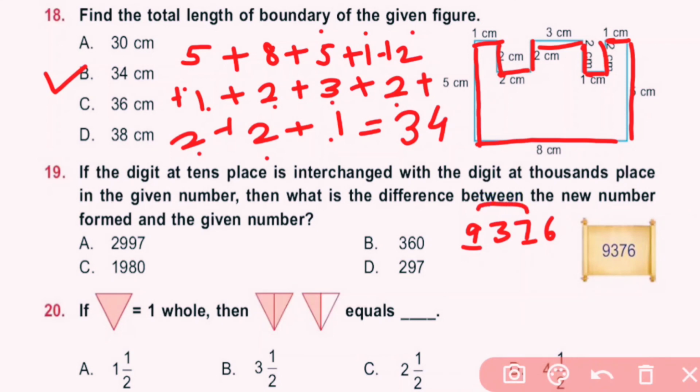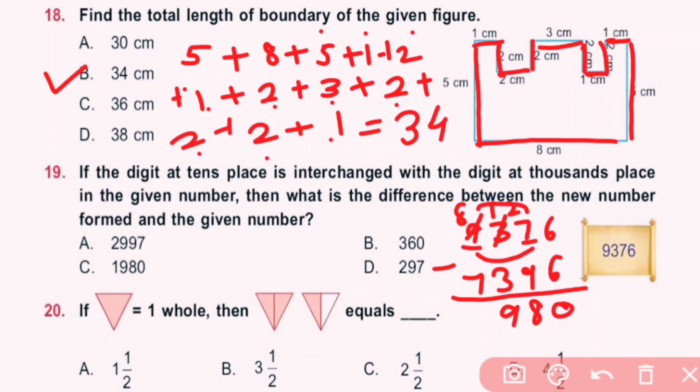If I interchange this with this, then the number will be 7396 and their difference is 6 minus 6 is 0, 7, 17 minus 9, 8, here 12, 12 minus 3, 9, here 8, 8 minus 7, 1. So C is the right answer.